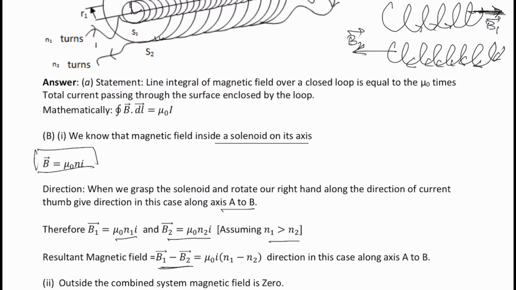So B1 minus B2, where we have assumed that N1 is greater than N2. Otherwise, if the number of turns in the second is more than the first, then we write N2 minus N1. But the algebraic subtraction of these two magnetic fields will give us the resultant magnetic field. I am sure about this.